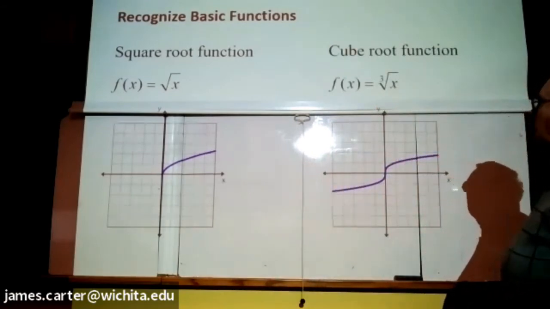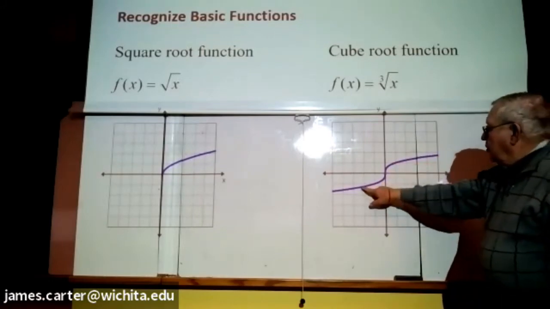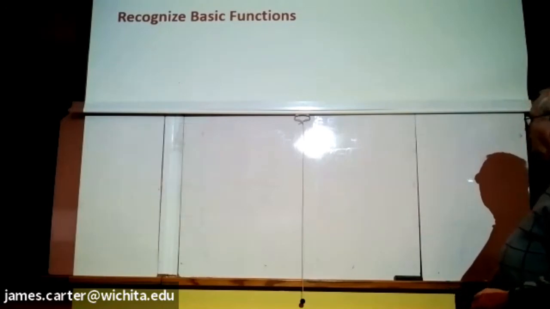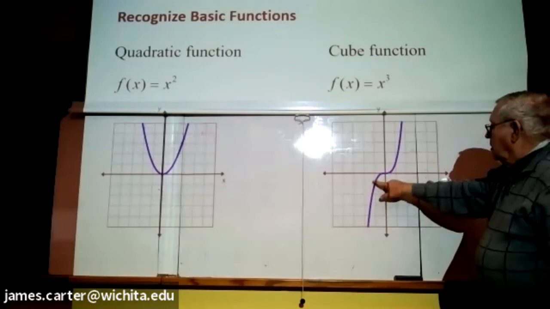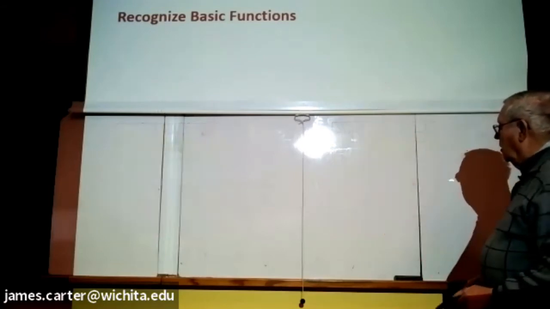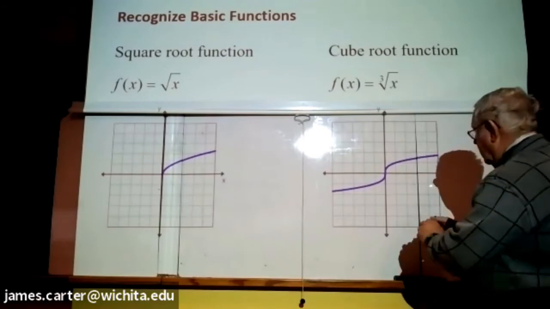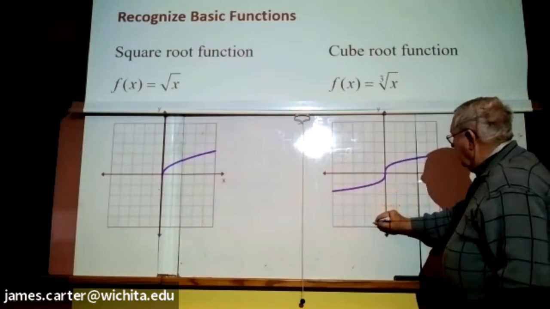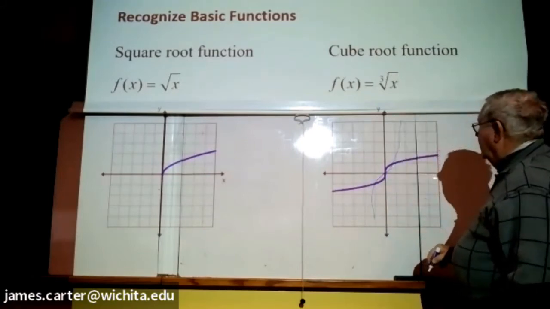Cube root of X. Now, see the cube root of X? Look at X cubed. In other words, the other one started off like this and went up like that.